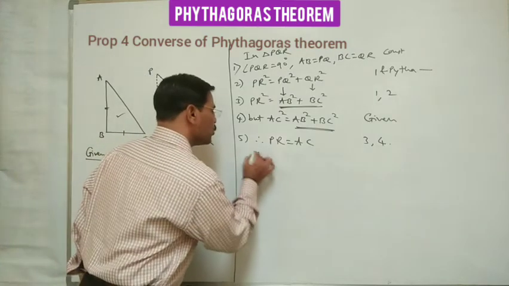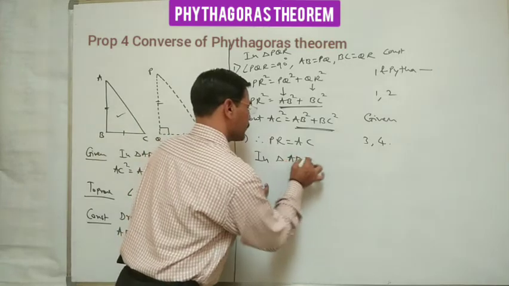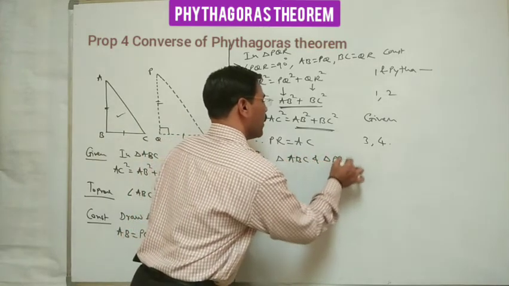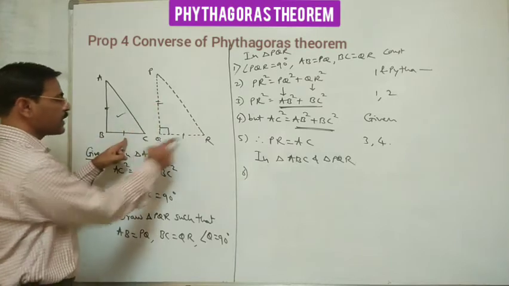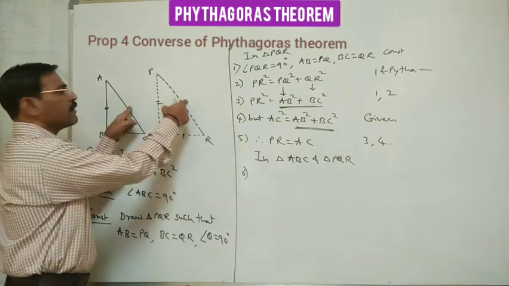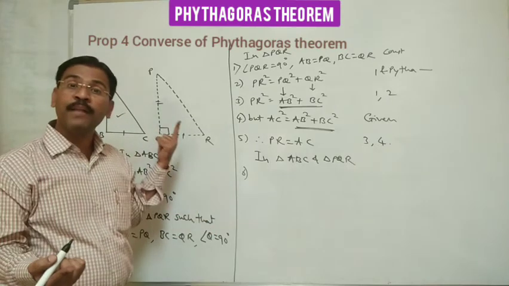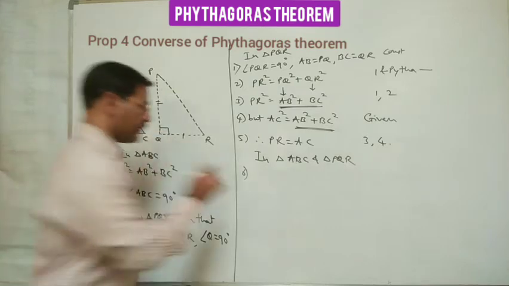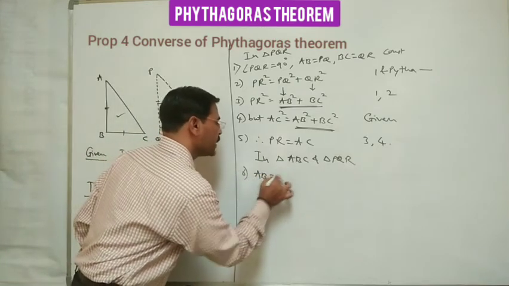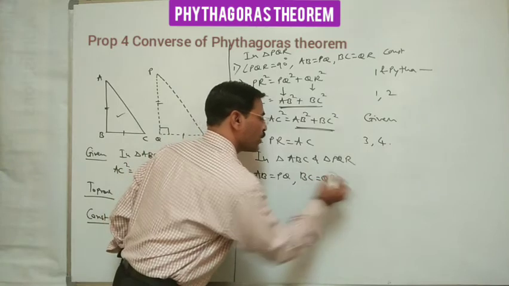Now AC and PR both become the same. So in the two triangles ABC and PQR, this equal to this, equal to this, and now this equal to this. By the SSS test, these two triangles become, sorry, not similar, they are congruent. First, AB is equal to PQ, BC is equal to QR.